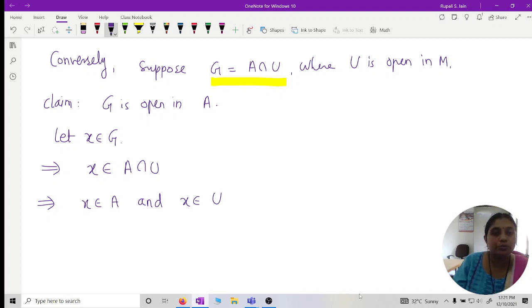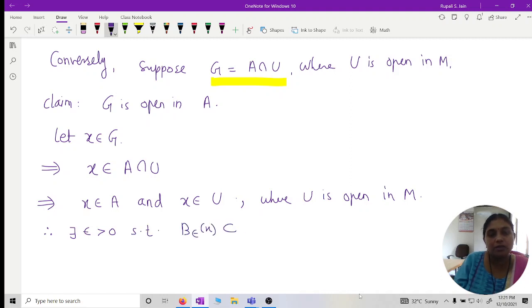Now what is U? Where U is open set, open in M. Therefore what will happen? Therefore there exists epsilon greater than 0 such that B epsilon of X is contained in U, because U is open in M. Is that right?